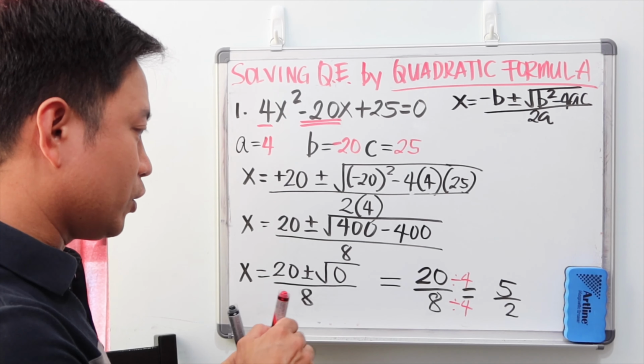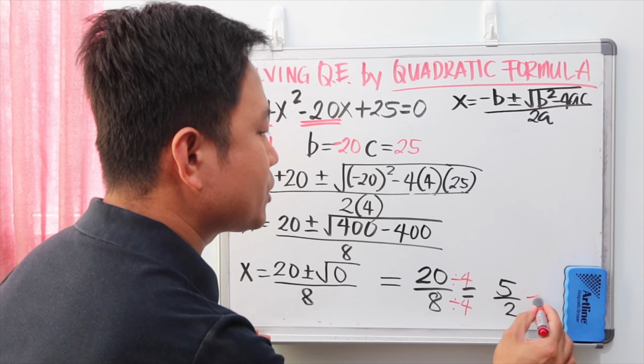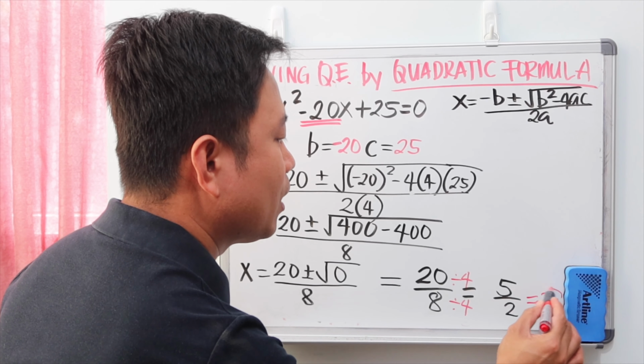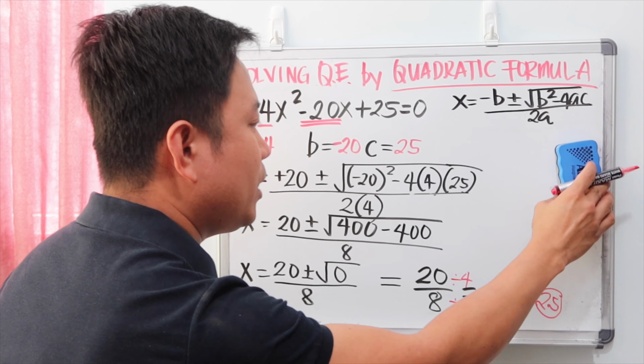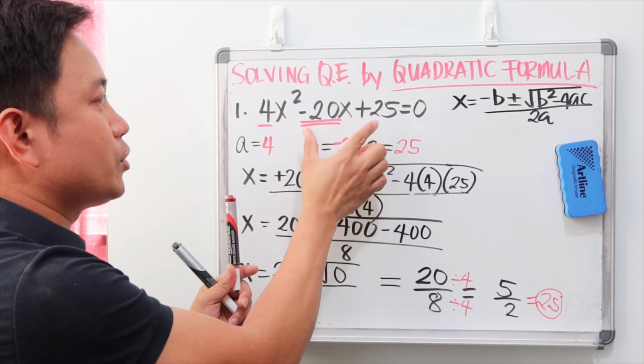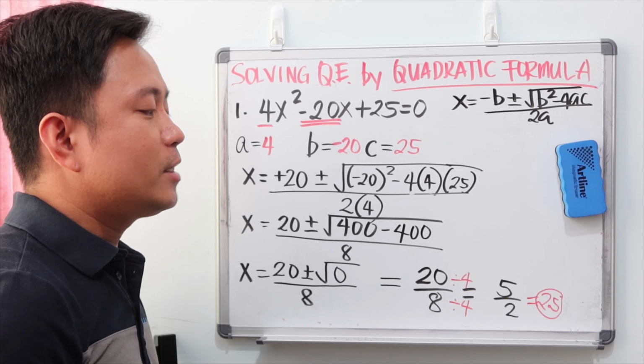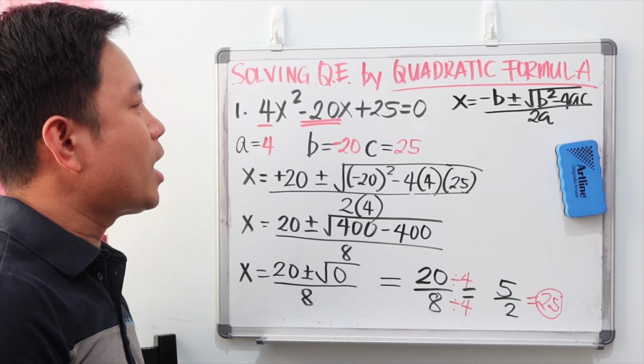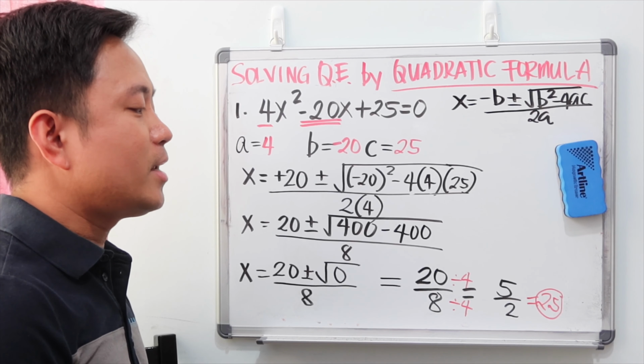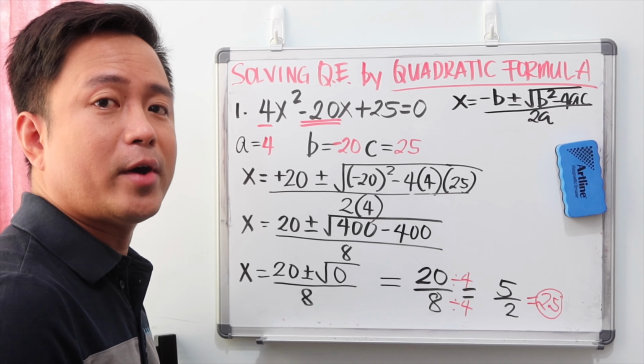So that is 5 over 2, or the same thing as 2.5, which means that 2.5 will make the equation true. And when you graph this quadratic function, the parabola will have an x-intercept at (2.5, 0).